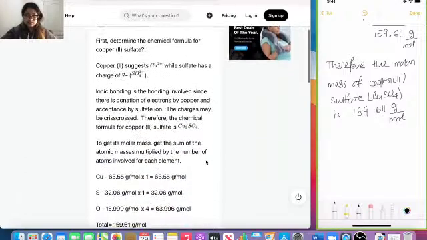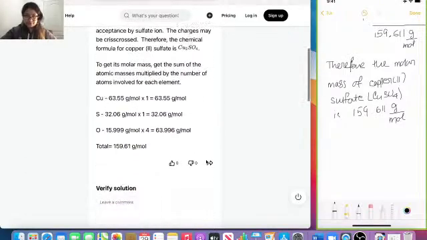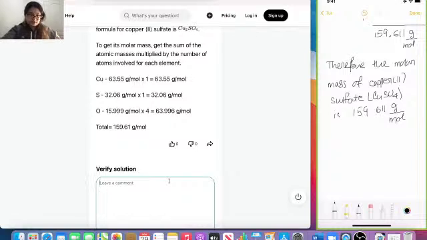This is what I have got, and this is correct.